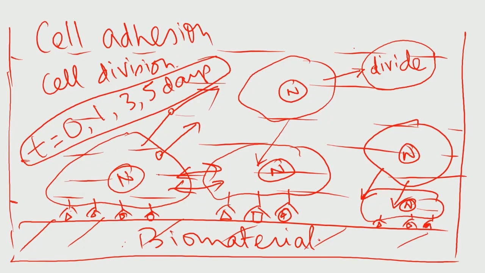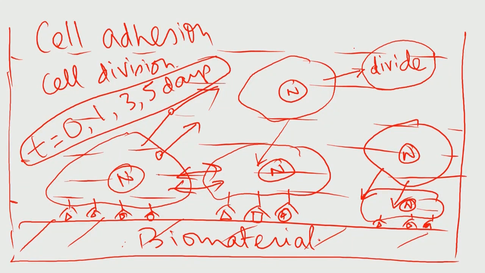So, if you want to describe this scientific process to a person who does not know much about biomaterials, the first question they would ask is how the cell functionality would be changed, which I will explain in more detail later on.